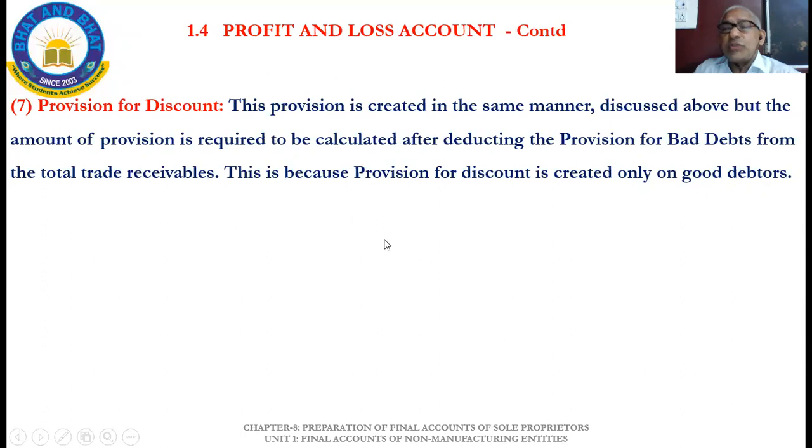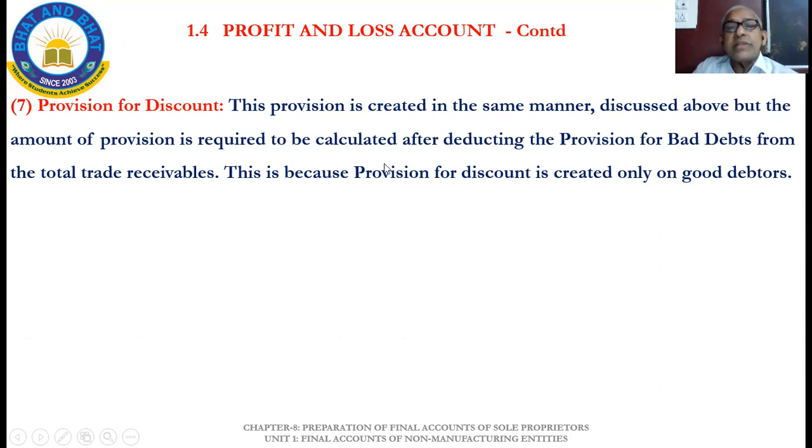Likewise, for discounts also, if it is expected that discount is to be given, offered to the customer for increasing the sales and all, provision may be made. That is, provision is created in the same manner, like the previous slide we studied about bad debts provision and all.